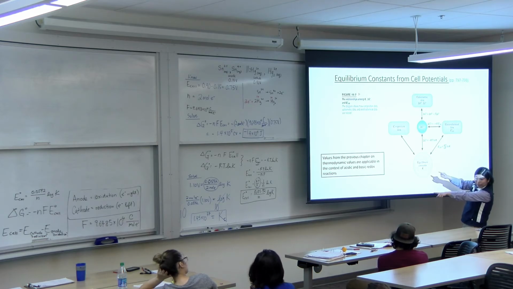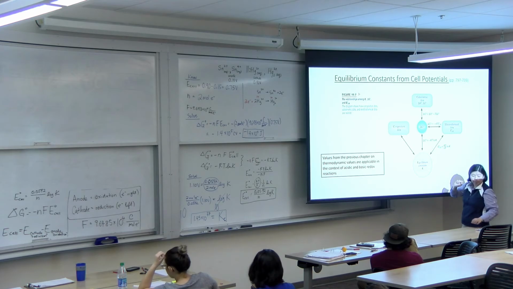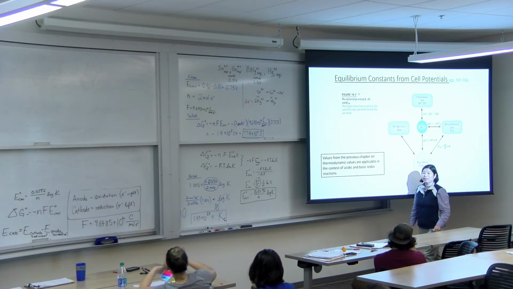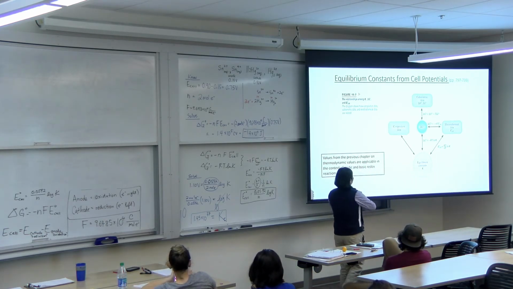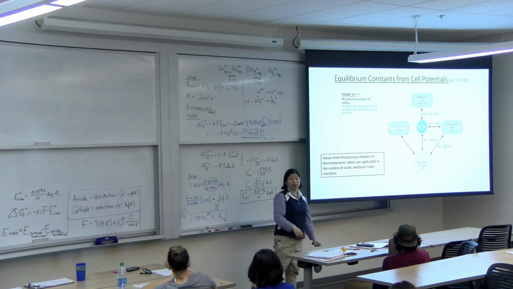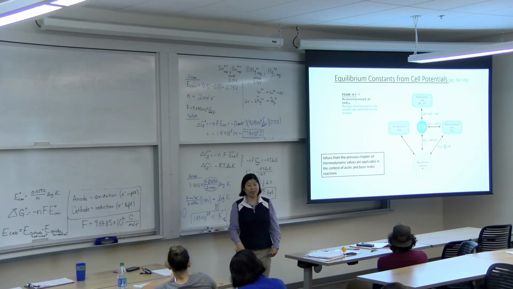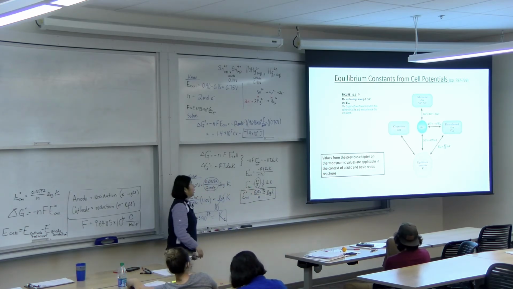Or if you have K, guess what? You can calculate E cell. Okay? This is kind of like overall what we've learned so far. Any questions?